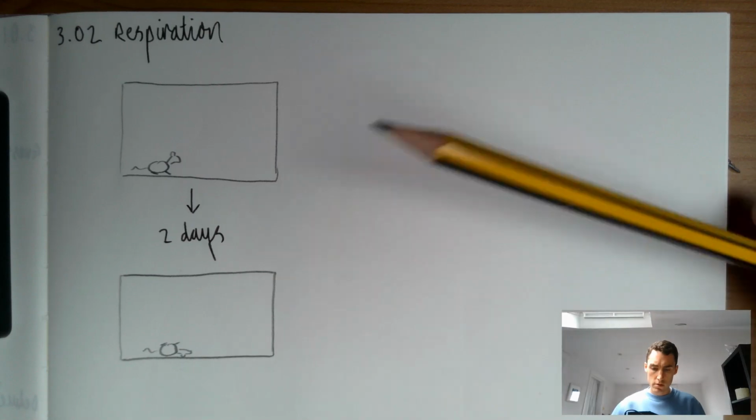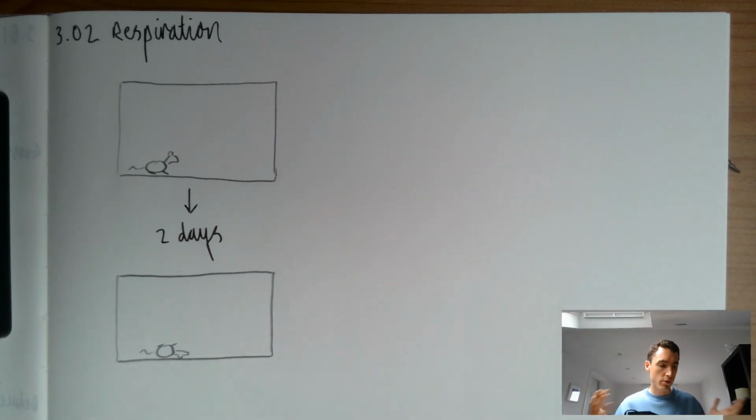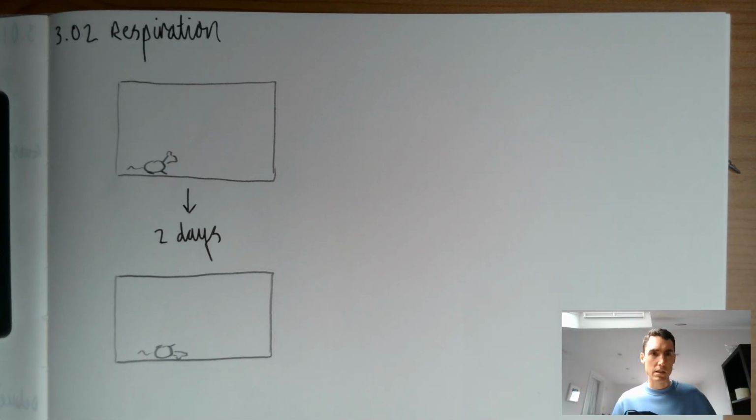So already from this really simple experiment, and we're going to credit this experiment to Lavoisier. It was actually lots of different people who did experiments like this, from Mayo in the 17th century, Priestley in the 18th century. We're just going to say it was Lavoisier to keep things simple.